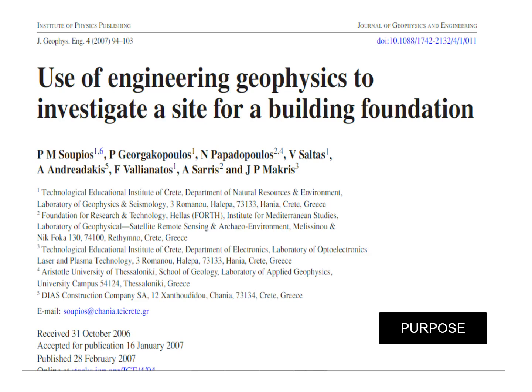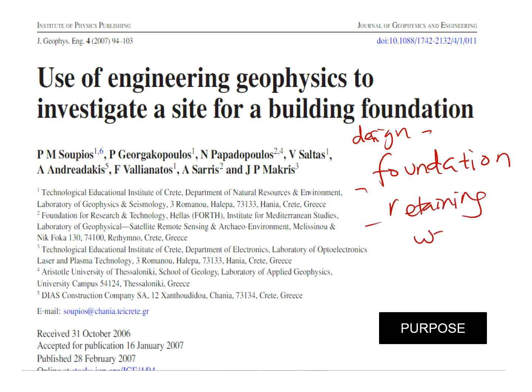Basically, this testing is to determine the condition or characteristic underground, and then this data will be used to design, for example, foundation, retaining wall, or soil improvement, and so on.